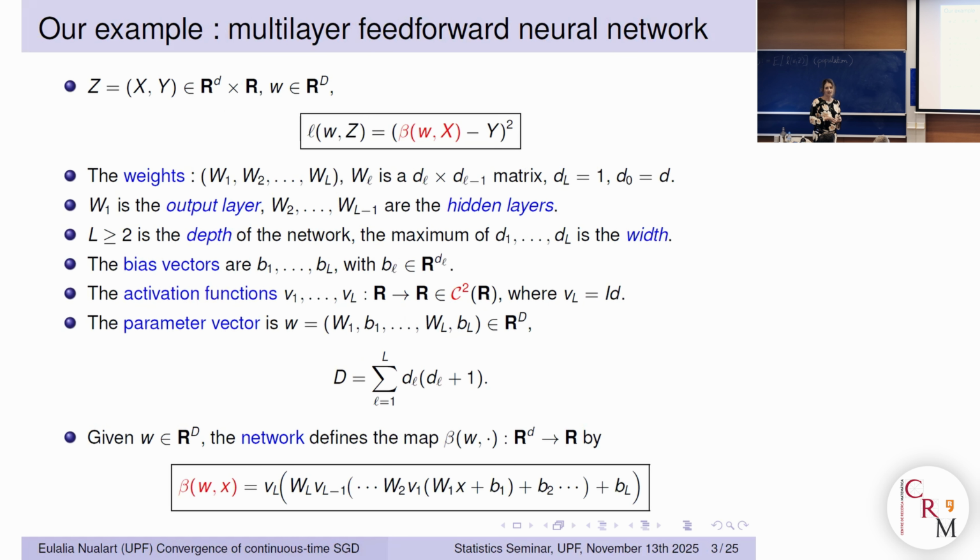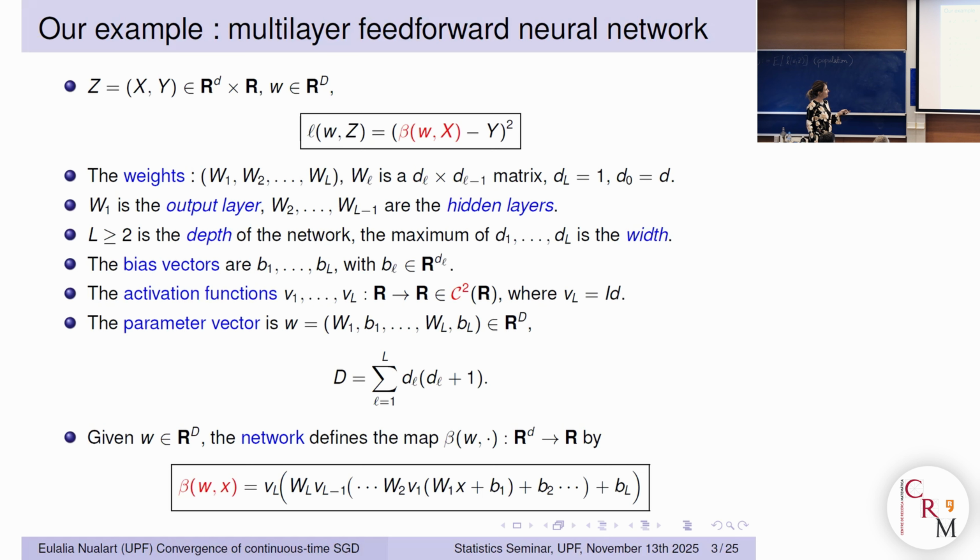We take the square loss, and instead of linear regression, we put a general nonlinear neural network that I denote by beta, omega, x. Omega is the parameter, and remember that it is in R^D.